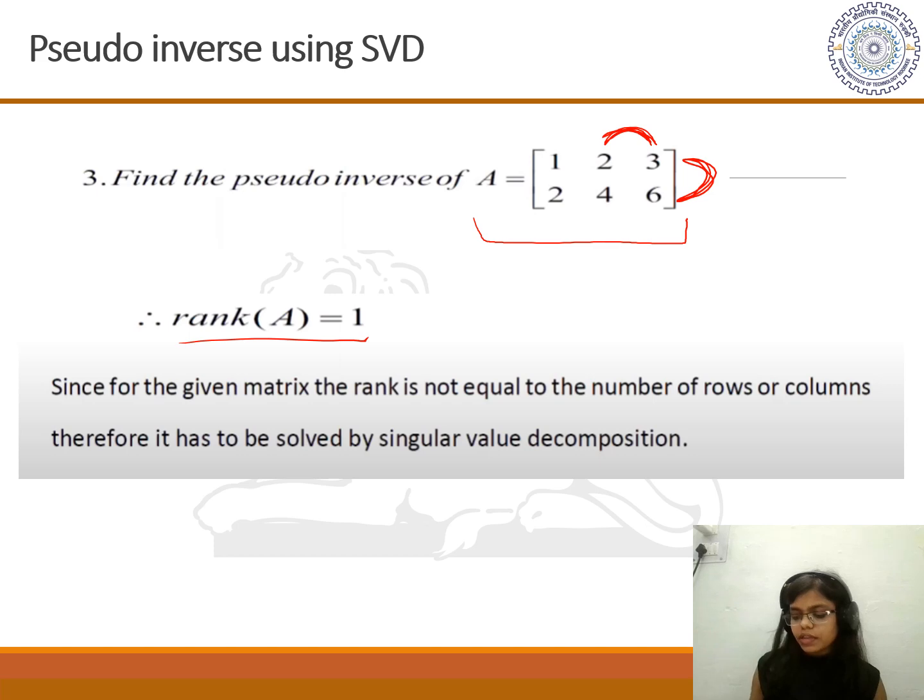In this case, the rank of the matrix is less than the number of rows and also less than the number of columns. So here we come to our third case, that is the rank deficient matrix. In this case, we will be using our singular value decomposition method for finding the pseudo inverse of the matrix A.